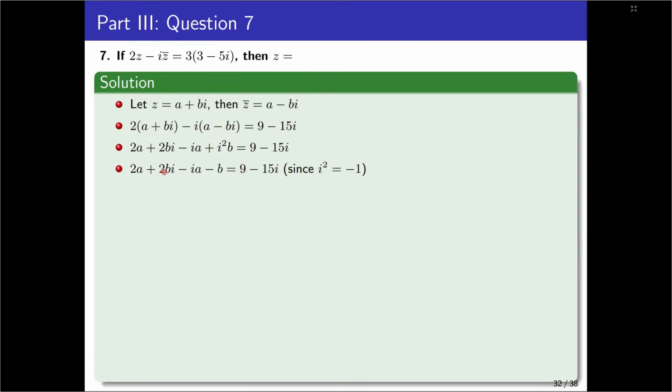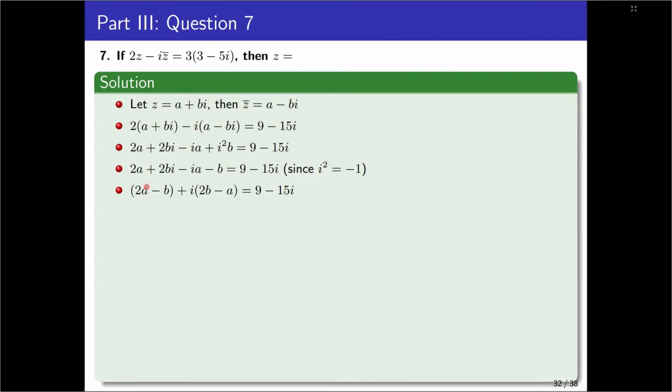Then 2a plus 2bi minus ia minus b, because i squared is negative 1, so i squared b becomes minus b, equal to 9 minus 15i.